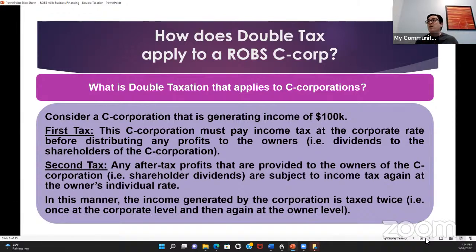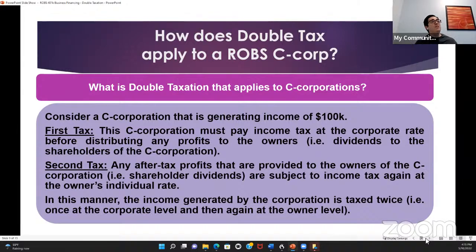So for example, if you own 100% personally of a C corporation, makes $100,000, C corporation pays taxes on the $100,000, say 25%. Let's say it distributes the $75,000 of after-tax profit, then you would pay capital gains tax on the $75,000 that's distributed.